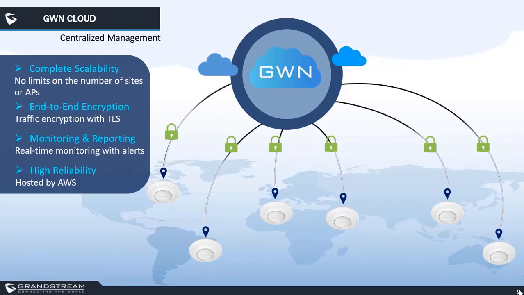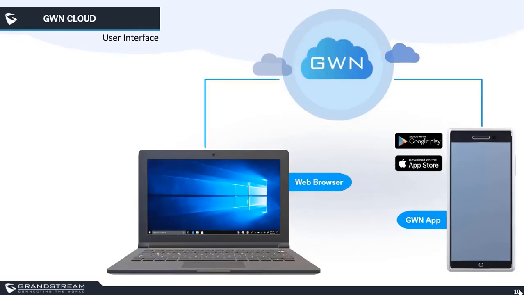You can also use GWN Cloud to access statistics and reports that can be viewed using either the web browser or the GWN application that is available for both iOS and Android. It is also worth noting that GWN Cloud is hosted on AWS, or Amazon Web Services, which is a very reliable service, so you don't have to worry about the system going down.